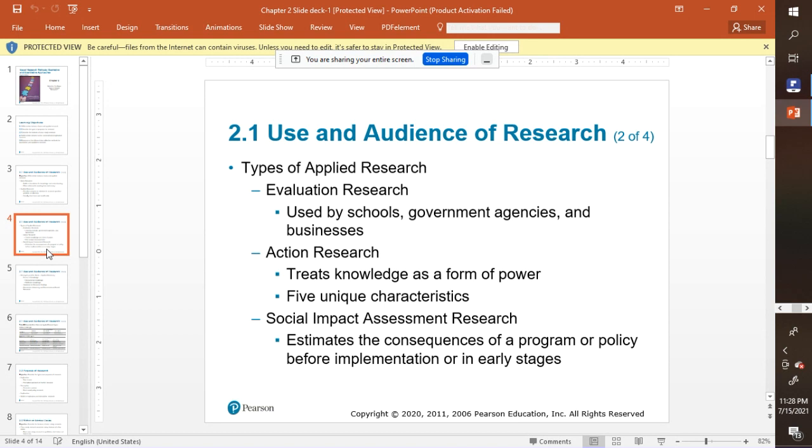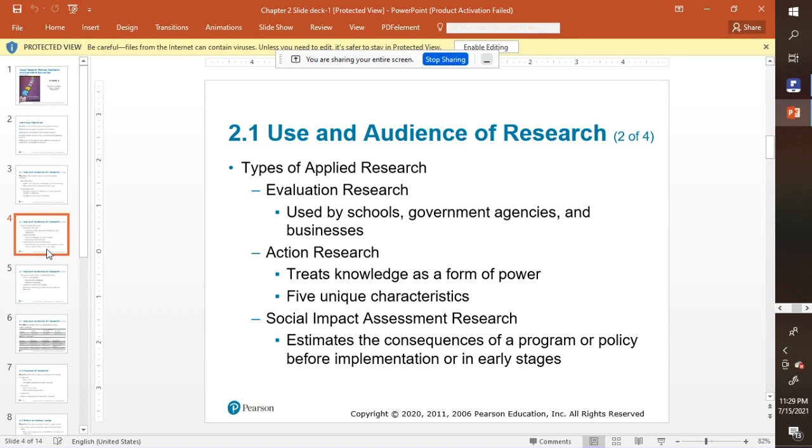Then the study incorporates the popular knowledge and concerns of ordinary people. The study also examines power relations and documents social inequality or injustice.